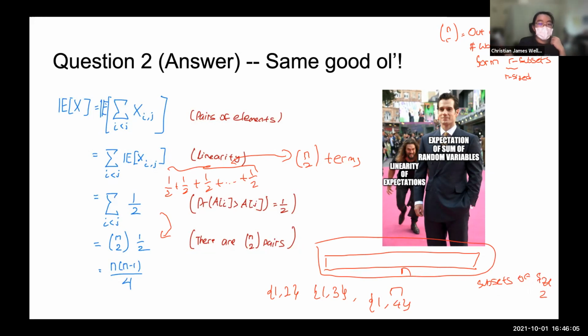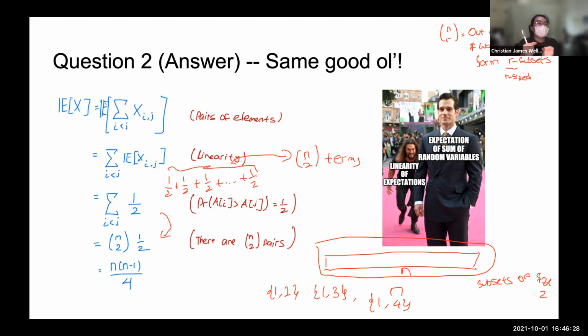Okay, so someone asking me, why is it not the permutation, right? Remember, all we care about is individual pairs. We want to count the expected number of inversions. Inversion only cares about pairs of elements.